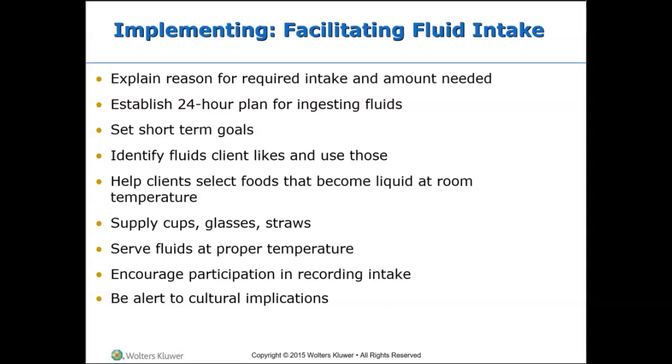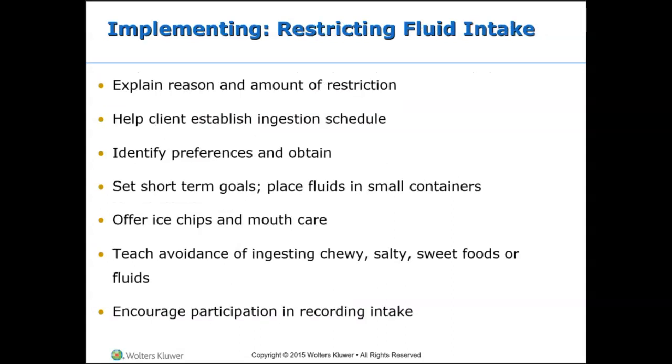Because that can make a big difference for patients wanting to drink more. Also, again, make sure that any fluids that you are encouraging complement the patient's cultural preferences, religious preferences, and beliefs, right? All right.